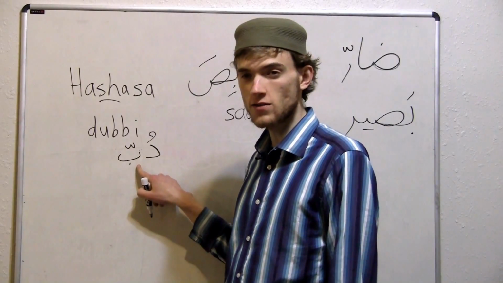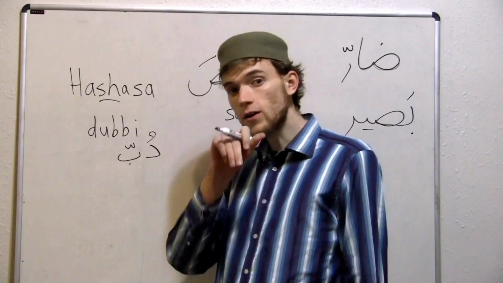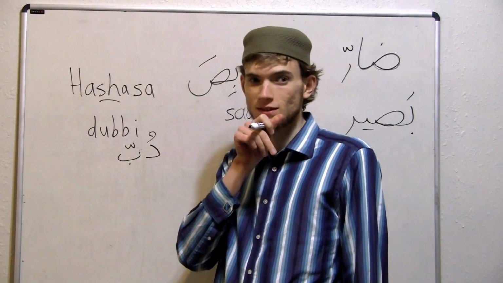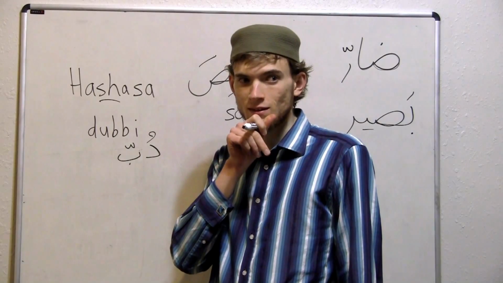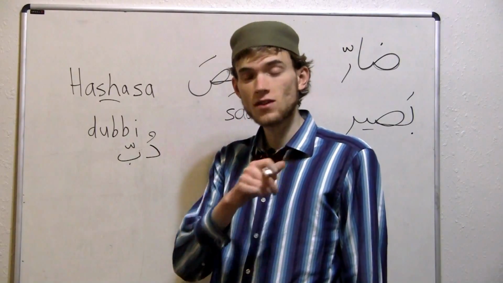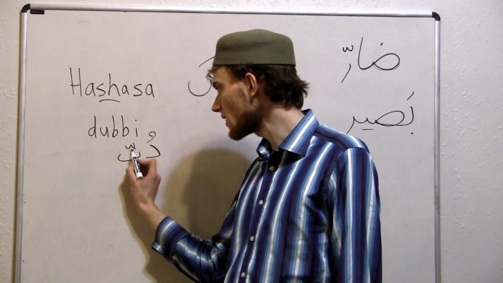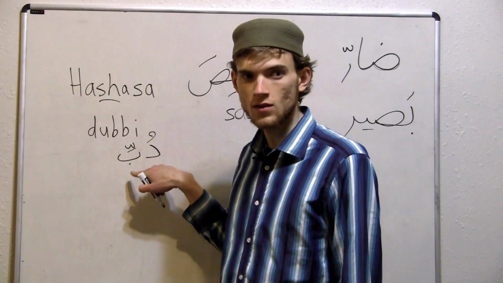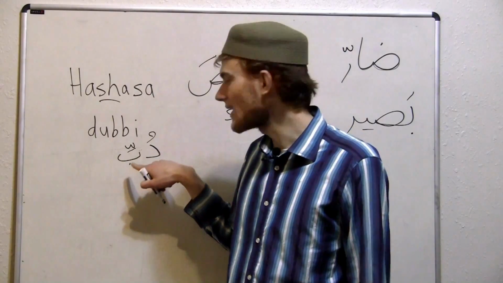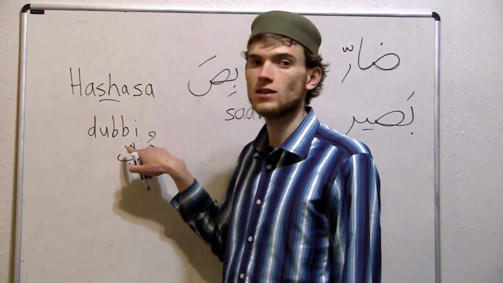And then what's the final thing that we have? Kasra. Right. Now where are we going to put the kasra? Anyone remember this? Underneath the shadda. Right. So it actually goes on top of the letter, above the letter itself, but under the shadda. Normally the kasra would be completely under the letter, but when we have a shadda, it goes under the shadda.